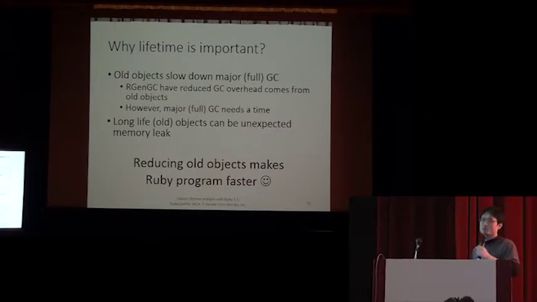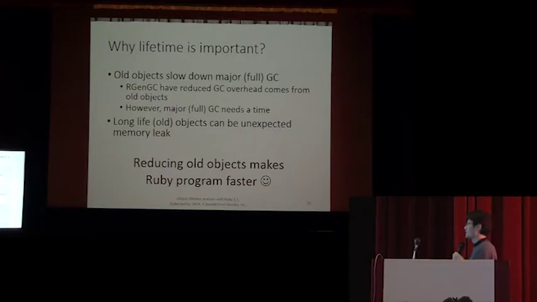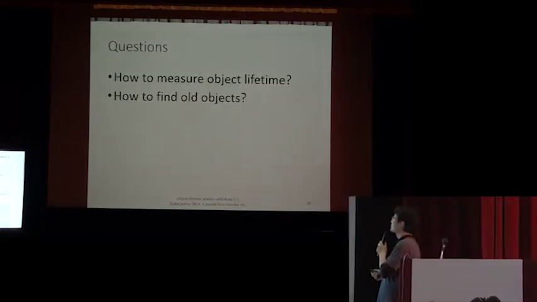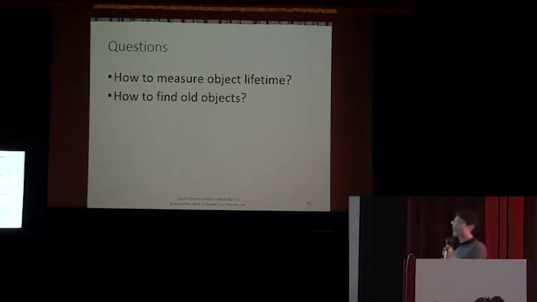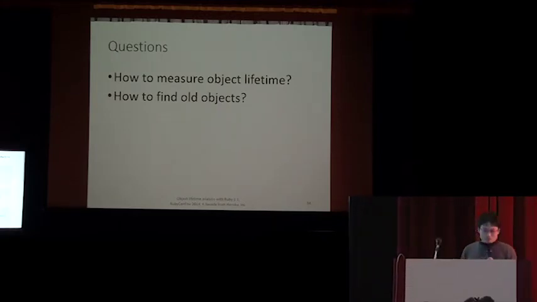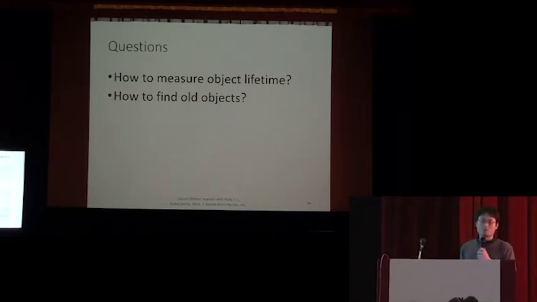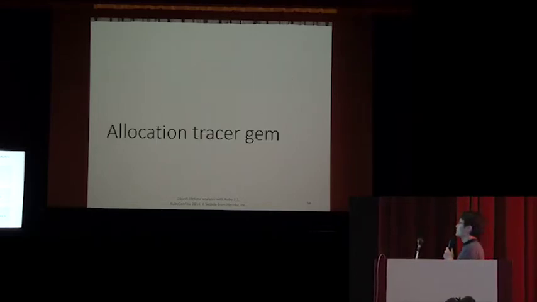So this is why I want to talk about this topic. The question is how to measure object lifetime and how to find old objects. The answer is the allocation_tracer gem.